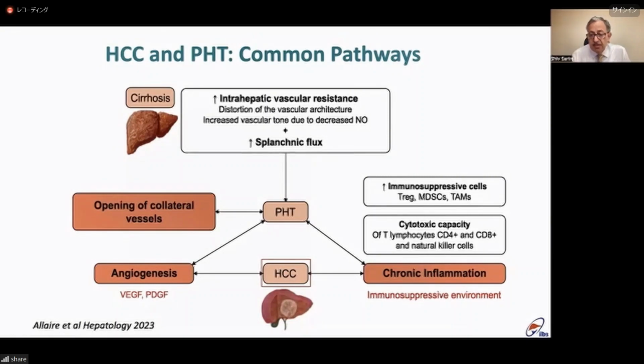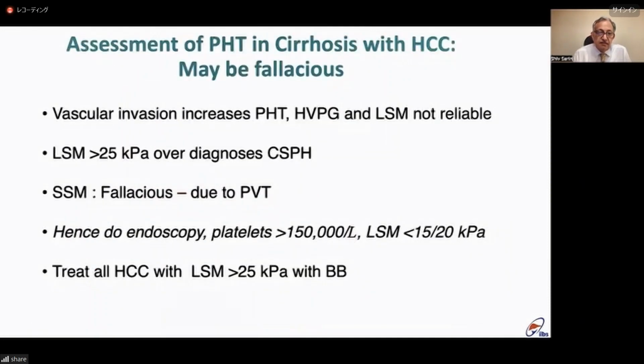And of course, cirrhosis is an immune suppressed state. Development of HCC is also because of the increased production of EGF, PDGF, and immune suppression. How do we assess? Because fallacies are there. Please remember, due to vascular invasion, portal hypertension increases and HVPG may not be reliable.